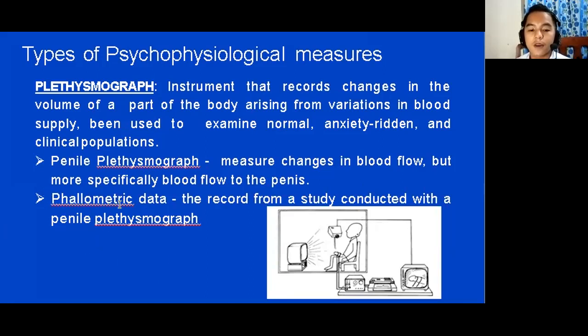And volumetric data, this is the record from a study conducted with a penile plethysmograph. Volumetric data is what is extracted in the study of penile plethysmograph. The application of penile plethysmograph is also in forensic settings.